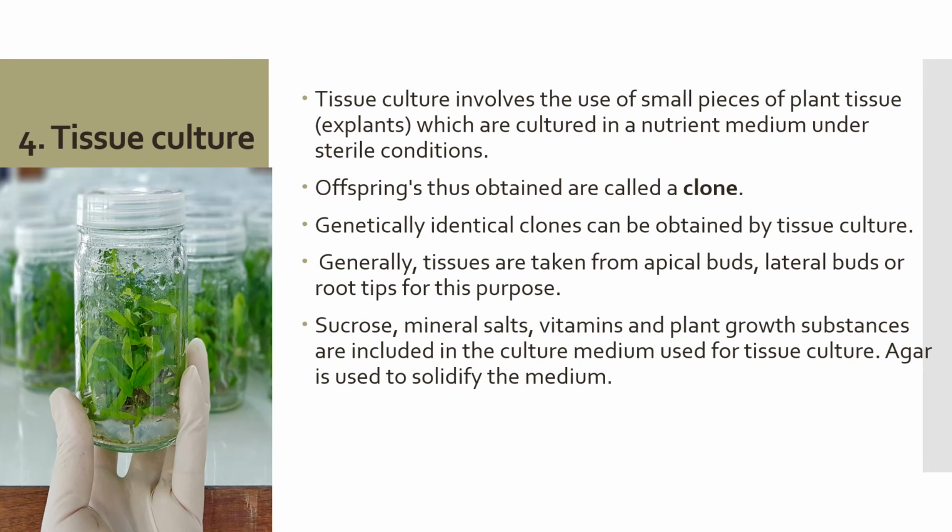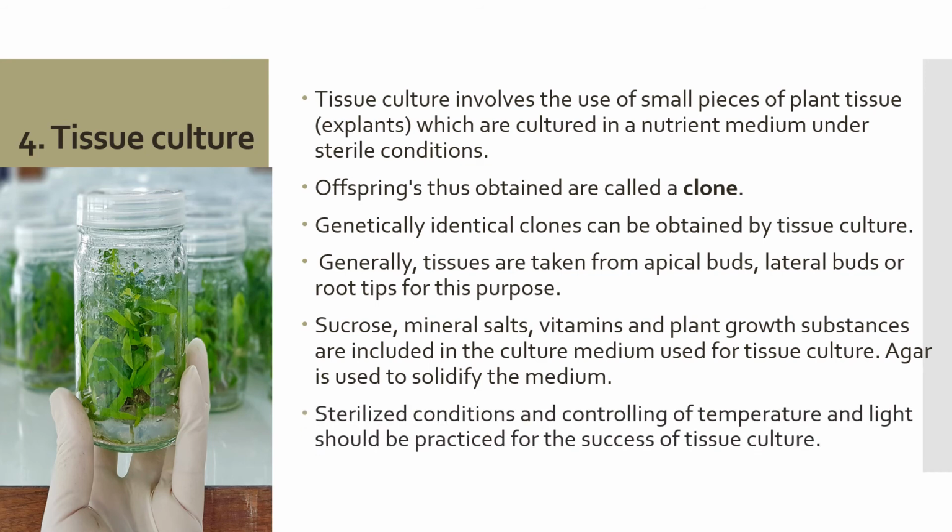This medium is solidified by adding agar gel, and the samples produced should be kept under sterile conditions, and the temperature and the amount of light should be controlled. This prevents microbial infections, and also it provides all the necessary environment for plant growth. So this is what happens in tissue culture.